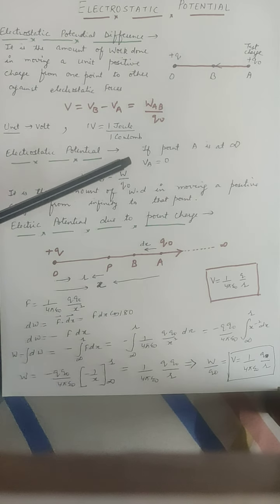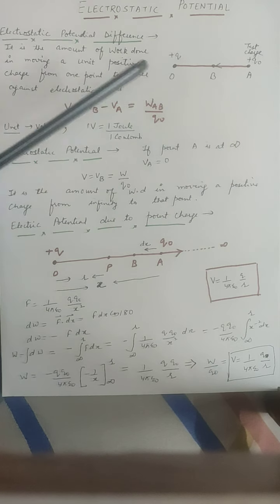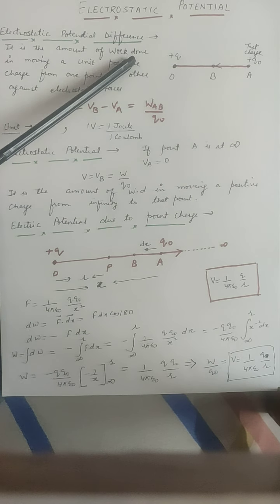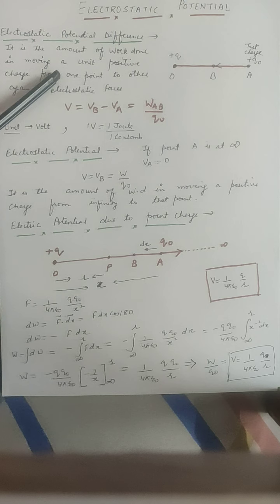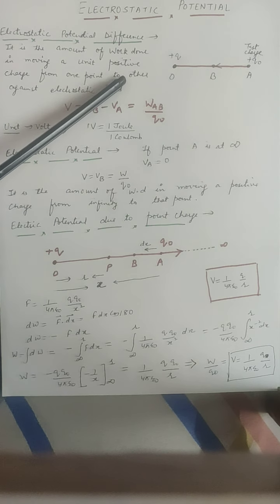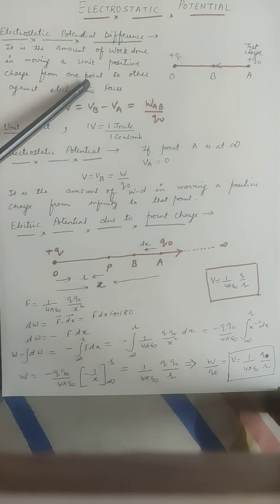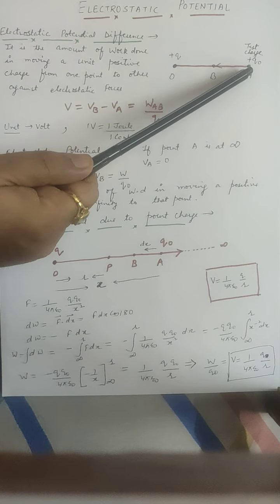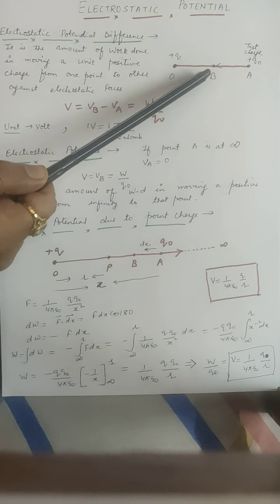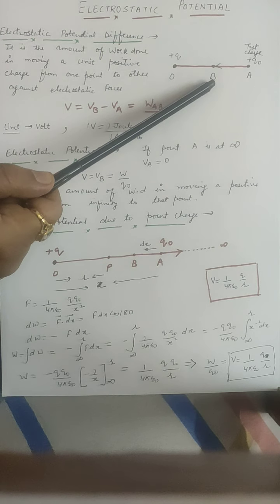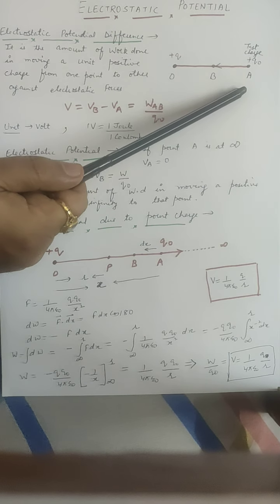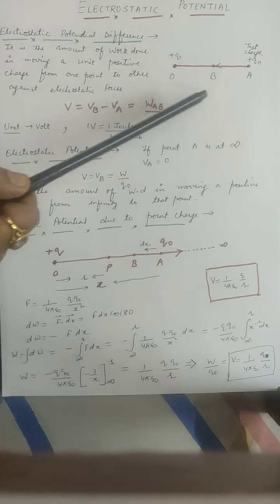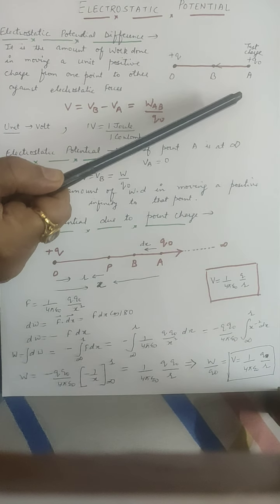So electrostatic potential difference is defined as the amount of work done in moving a unit positive charge from one point to another against electrostatic forces. Now, since we are trying to bring this charge plus Q naught to position B, we have to do some work against the electrostatic force of repulsion.